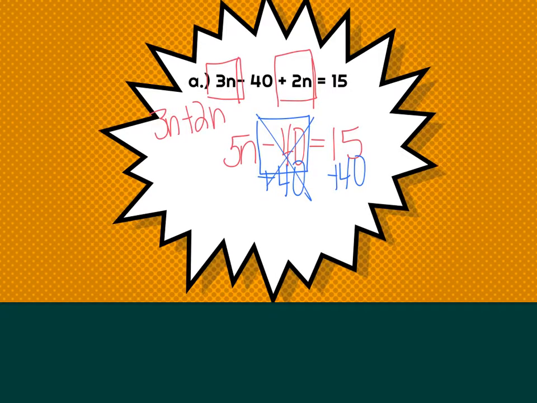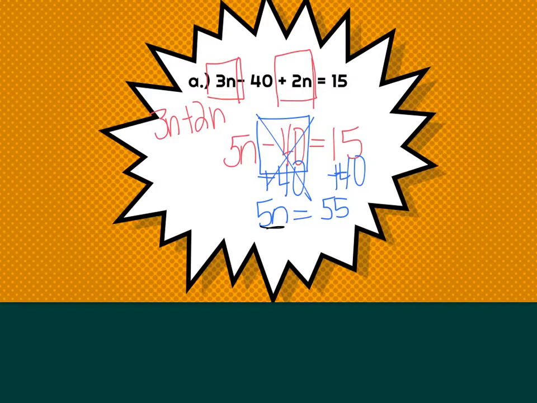That cancels out and leaves us with 5n. Then we have a positive 15 and a positive 40. They're same signs, so we add and keep. 40 plus 15 is 55, and we keep the positive sign. Now it's time to undo multiplication or division.